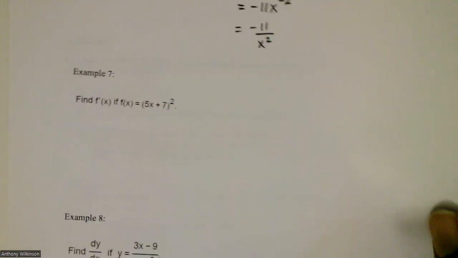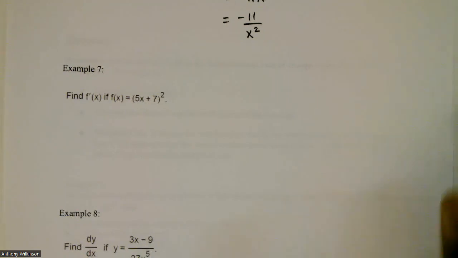Okay, here's another example. F prime of x is what we're trying to find if f of x is equal to 5x plus 7 quantity squared.